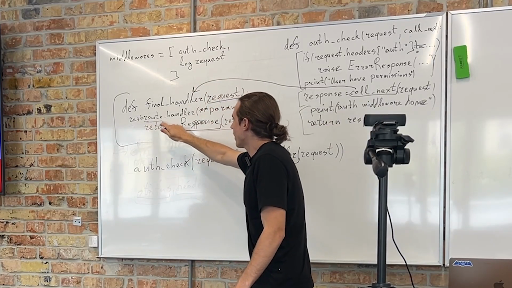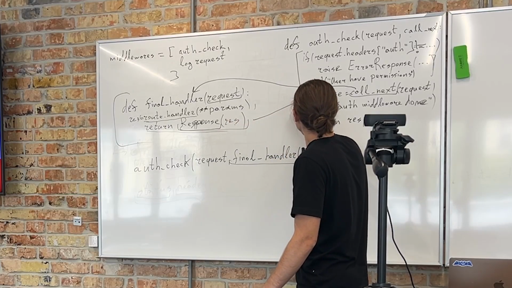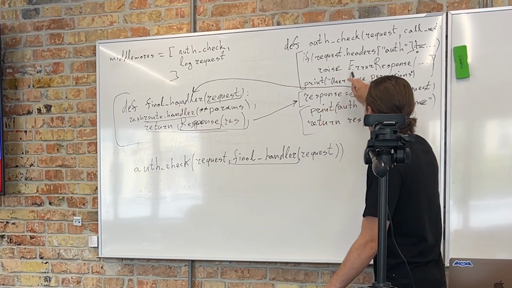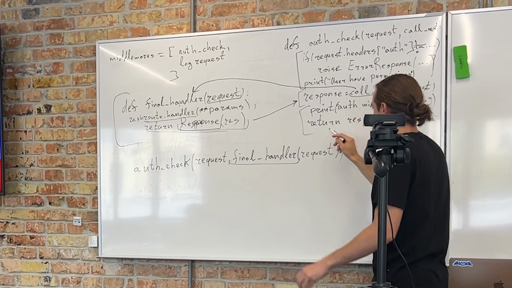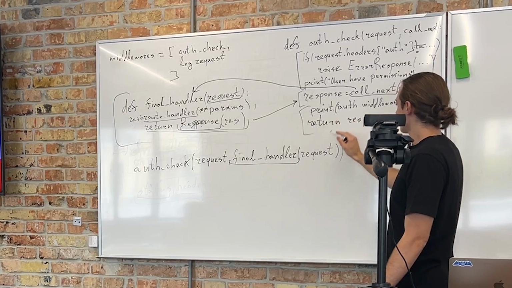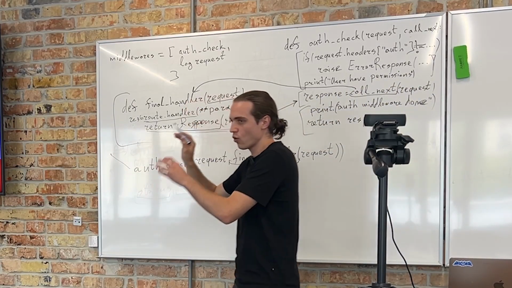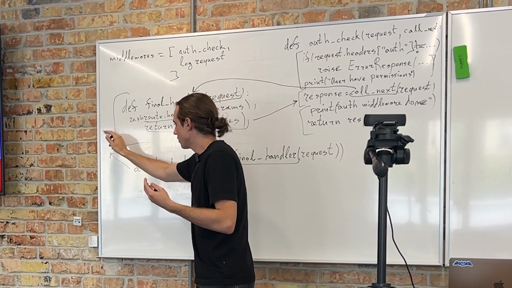We call our actual handler and return a response here. So we have the response from our final handler in our middleware right here. We can do some manipulation with this and return the response, in this example, to our call method, and our call method will return it to our client.